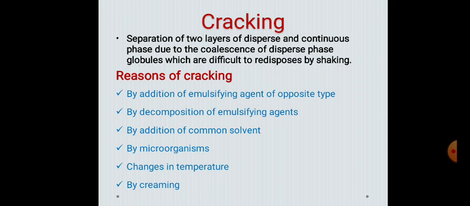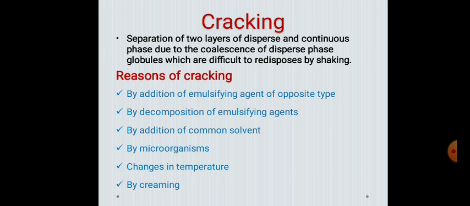The reasons for cracking are: addition of an emulsifying agent of opposite type, decomposition of the emulsifying agent, addition of a common solvent, microorganisms, change in temperature, and last, continuous creaming. So this is the first problem, cracking.